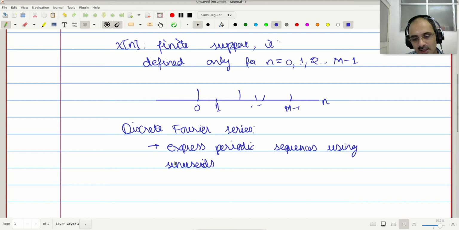Of course, rather than sinusoids, I'm going to put sinusoids in brackets; I'm actually going to use complex exponentials.